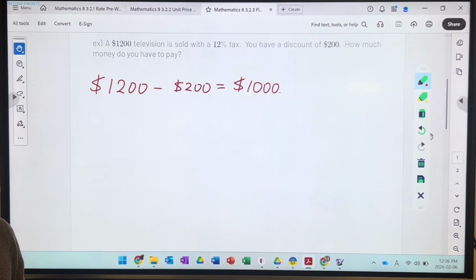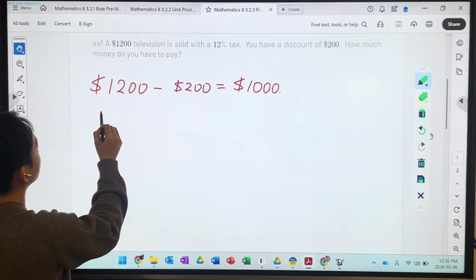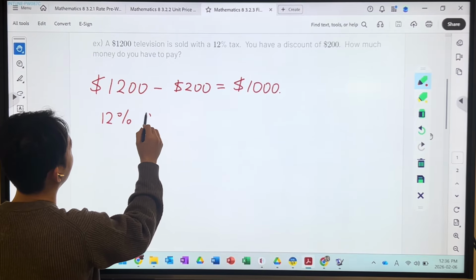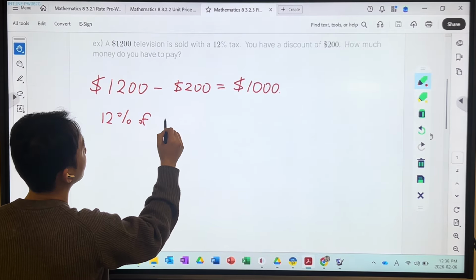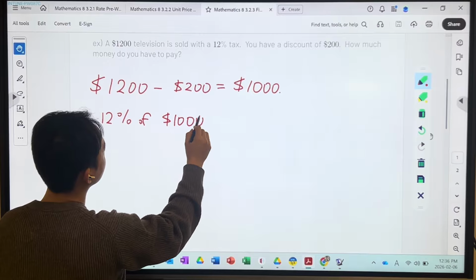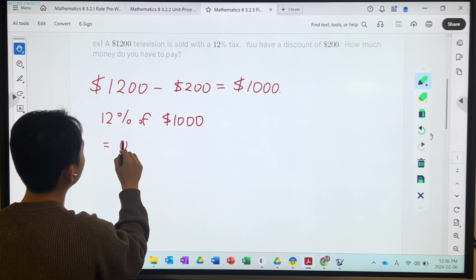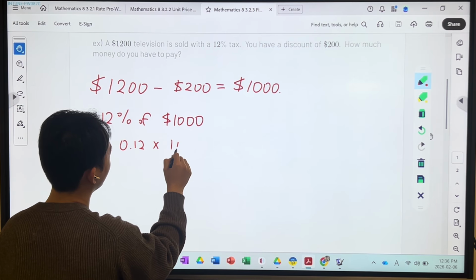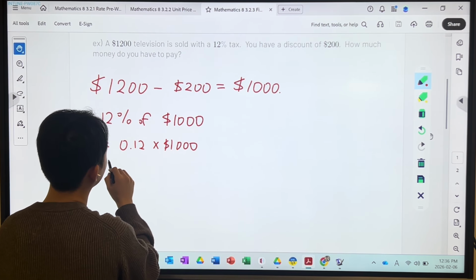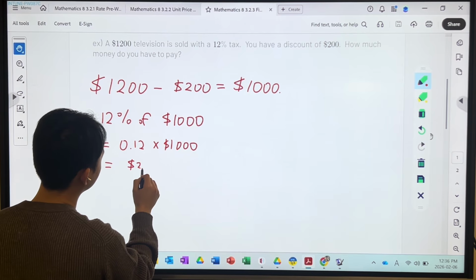And after the discount, let's calculate the 12% tax. The 12% of $1,000 is equal to 0.12 times 1,000, which is going to be $120.